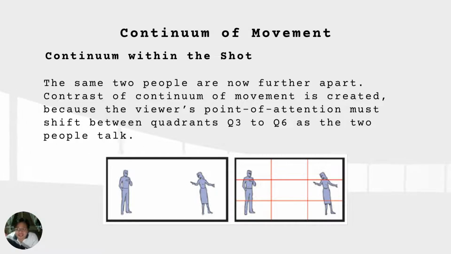The audience's point of attention is not visually guided by a moving object from person to person. Okay? So the audience must abruptly move their point of attention each time the conversation changes the speaker. So it's still the same. The point of attention will happen as the person is talking. Kung sino yung nagsasalita, doon ka mag-focus ng attention. Okay? Now, in this particular case, you create a contrast because you placed them in farther quadrants.